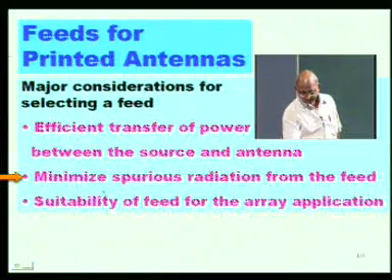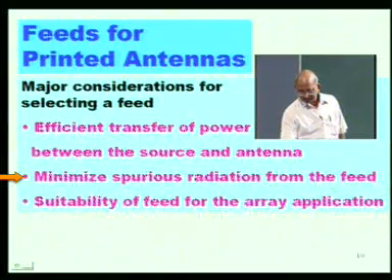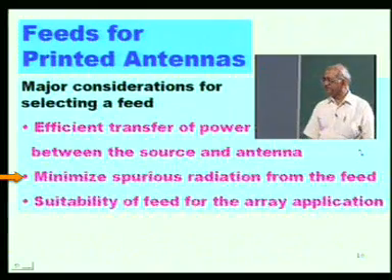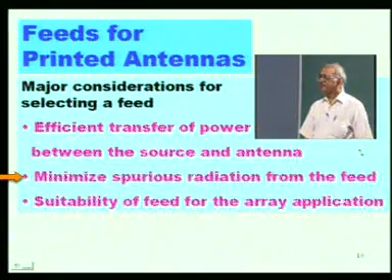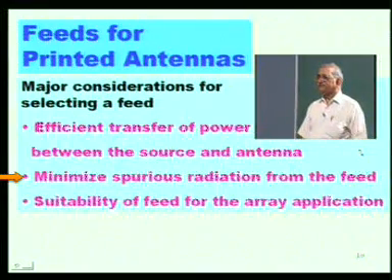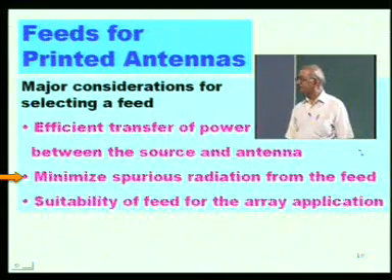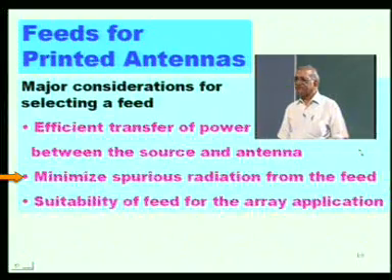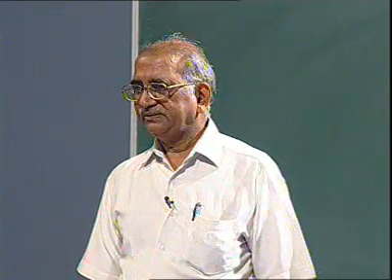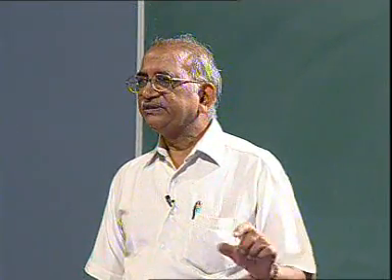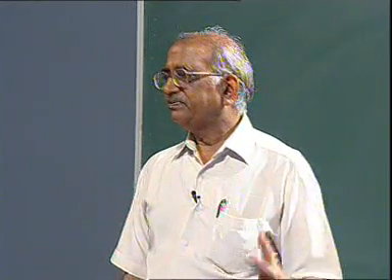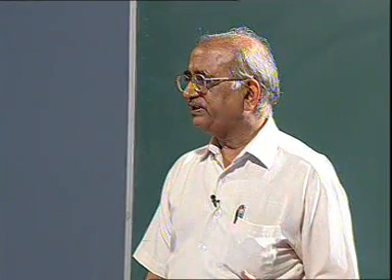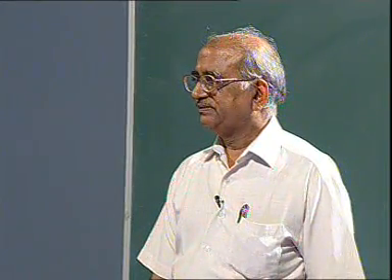It should minimize spurious radiation from the feed. We just saw in one of the slides that some of the feed types may give rise to spurious radiation, which may corrupt the radiation pattern, and this spurious radiation should be kept to a minimum. If one can isolate the two, the radiation from the antenna and the radiation from the feed, that is even much better.